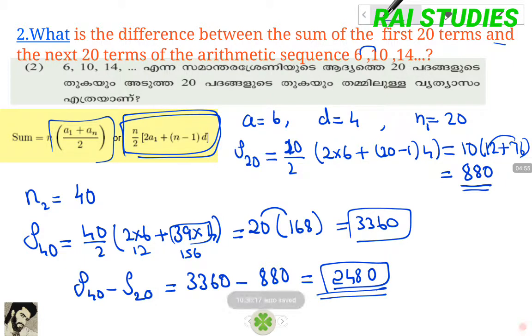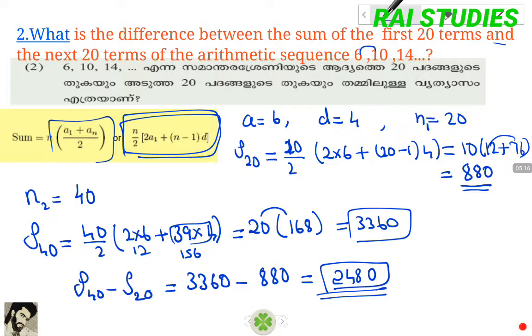There is another way to find the answer. Let me tell you that. Look here, we got the answer, just keep that in your mind. This is the second way to find it. If you find the 20th term in the sequence, the equation becomes something like this.